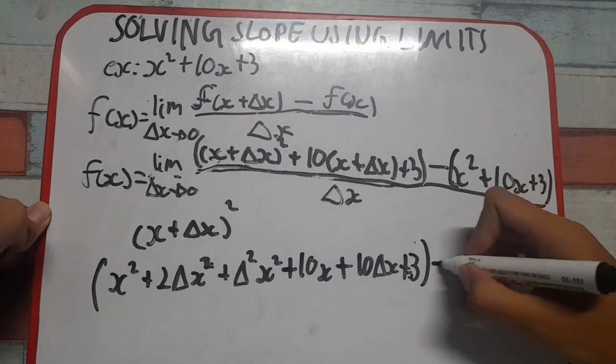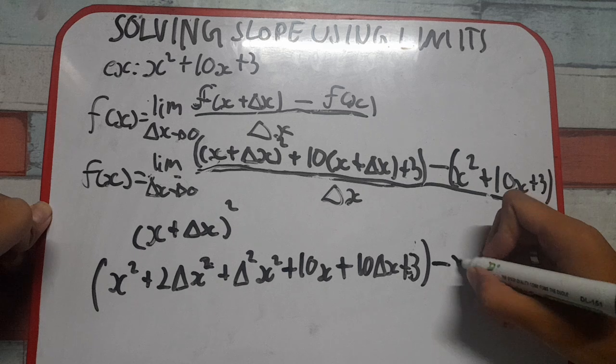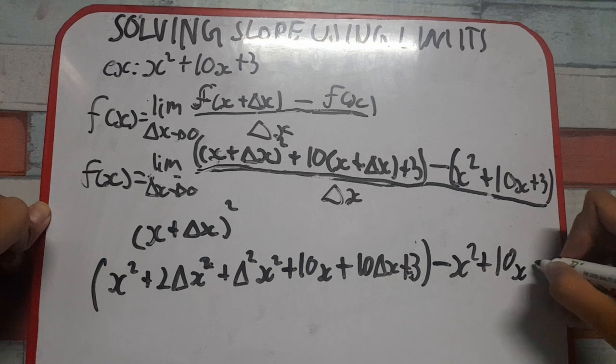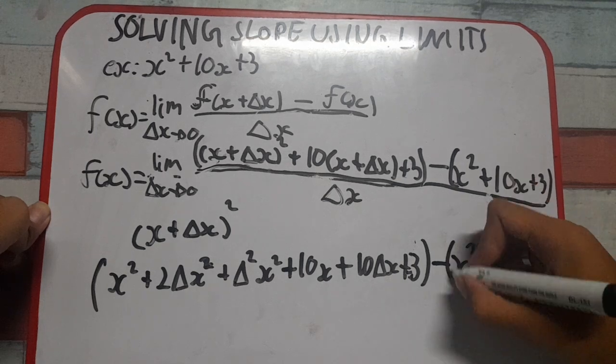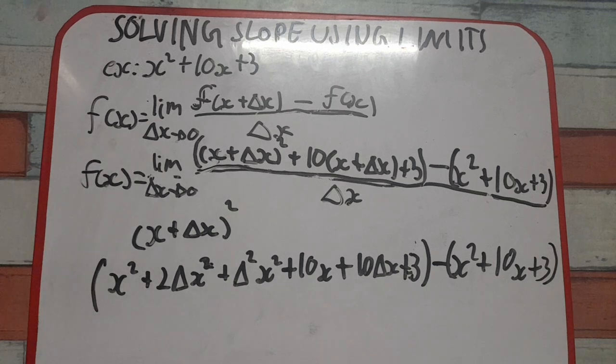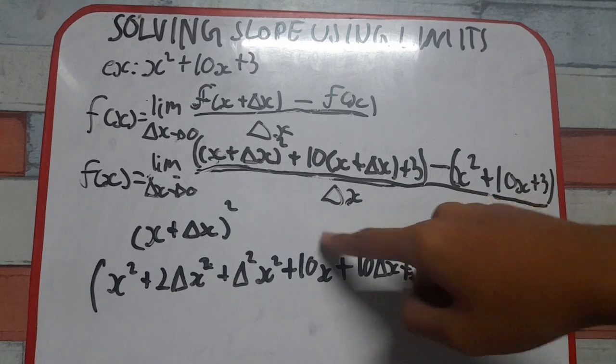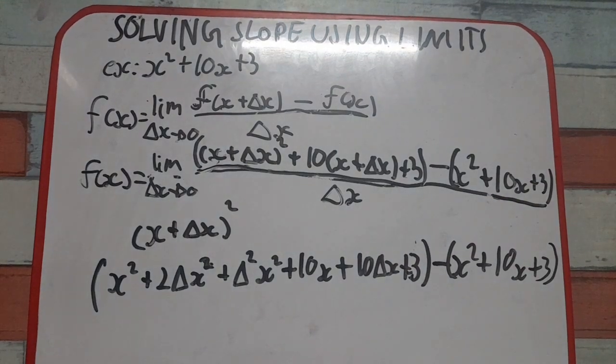Then this part, let's copy it down, and quantity. Before we put all of it over delta x, we must now simplify this equation.